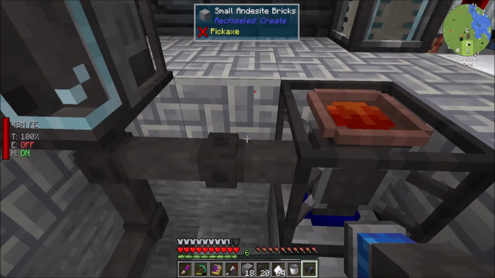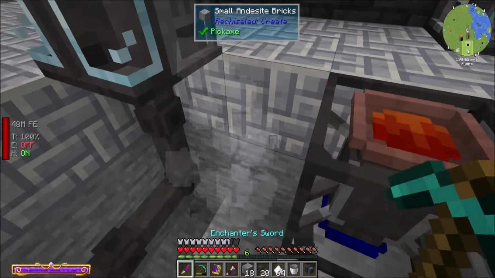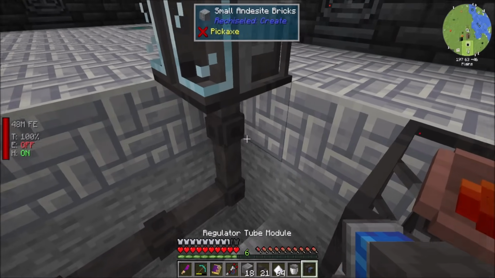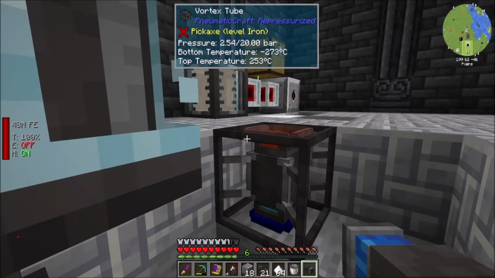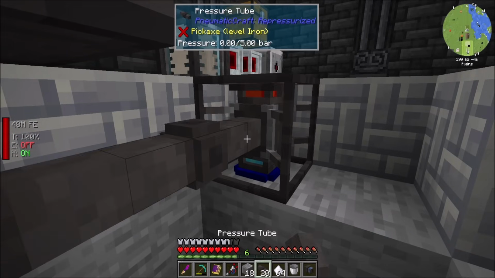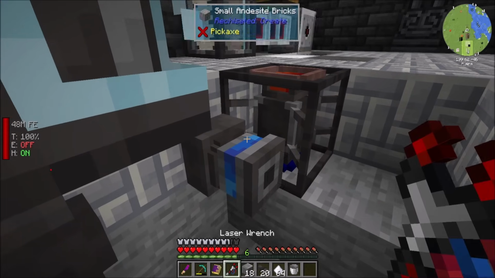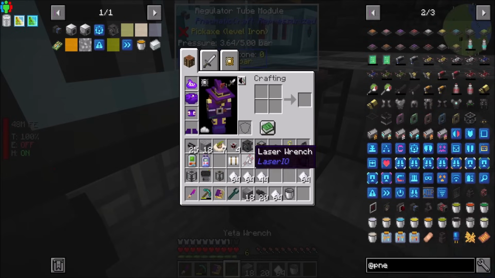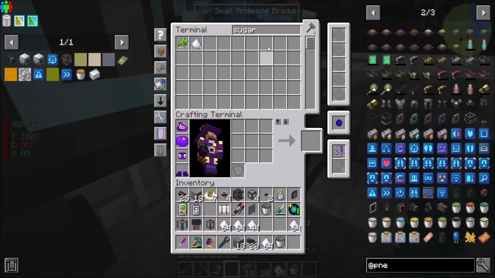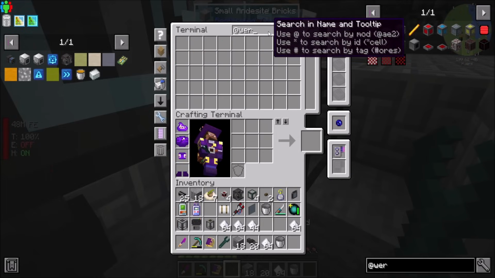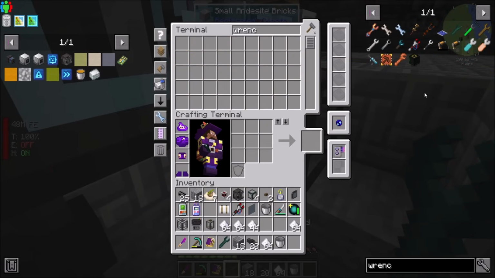Why do you feel like you're just going to be the opposite of what I want you to be? There's a wrench from Pneumaticraft, isn't there? I think there is.